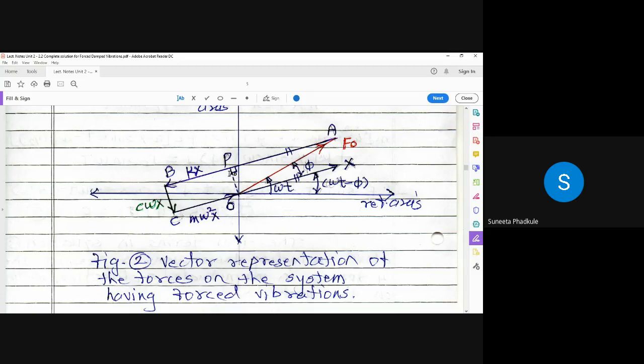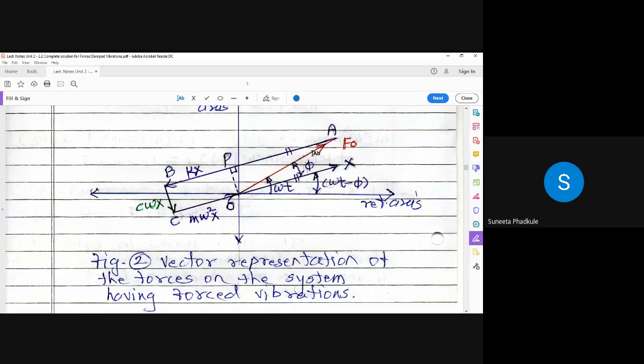So OP is parallel to BC. That means this represents damping force. This represents external excitation FO, red color, and AP represents AB minus CO. What is AB? Kx minus m omega square x. Understood? So that's why the vector length AP is given by kx minus m omega square x.